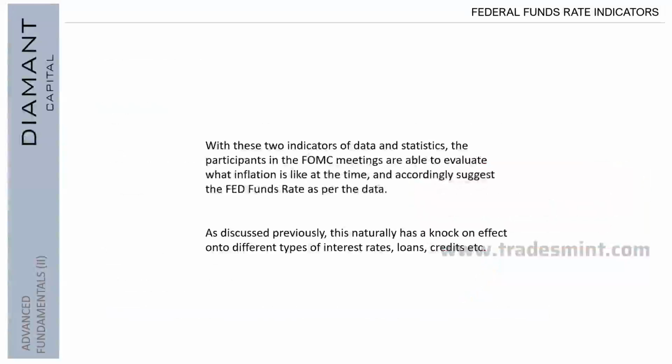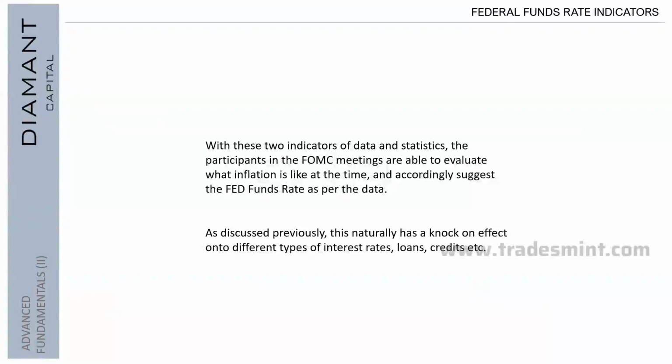Now, with these two indicators of data and statistics, the participants in the FOMC meetings are able to evaluate what inflation is like at the time and accordingly suggest the Fed funds rate as per the data. As discussed previously, this naturally has a knock-on effect on different types of interest rates, loans, credits, and etc. So just to conclude on everything that we've learned right now, the Fed funds rate is discussed 8 times by the FOMC meeting.